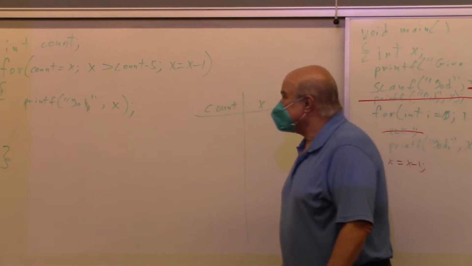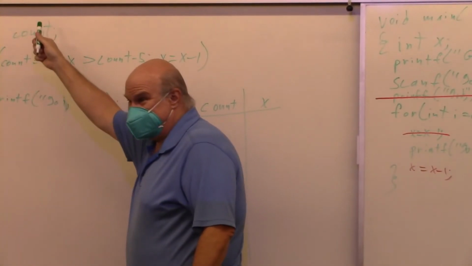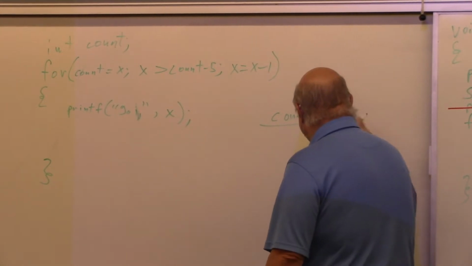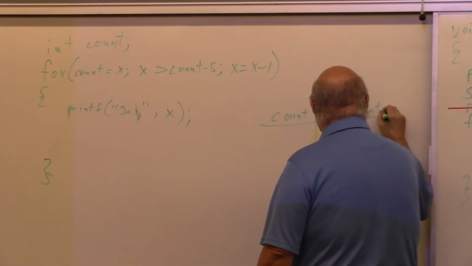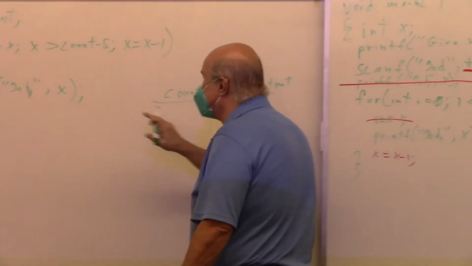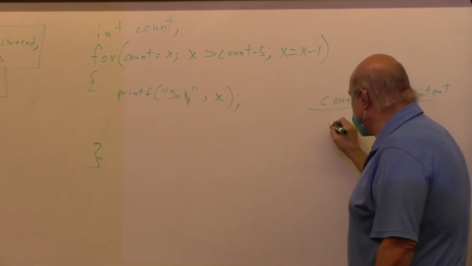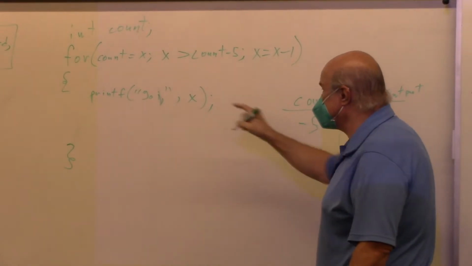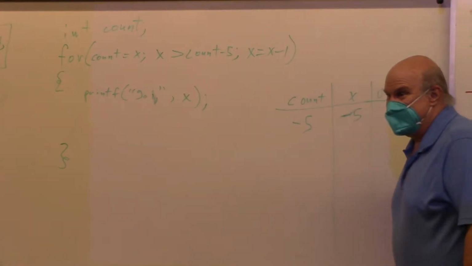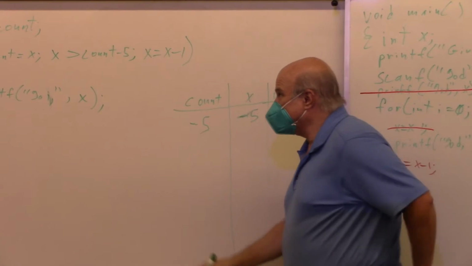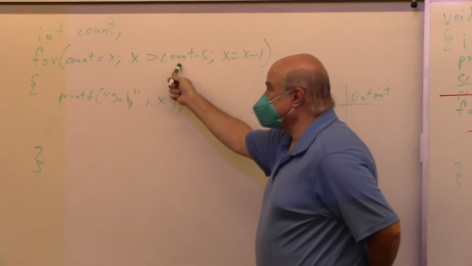So x starts at -5, count gets assigned -5 as the initialization statement of the loop. So then the question is, while x is greater than count -5.